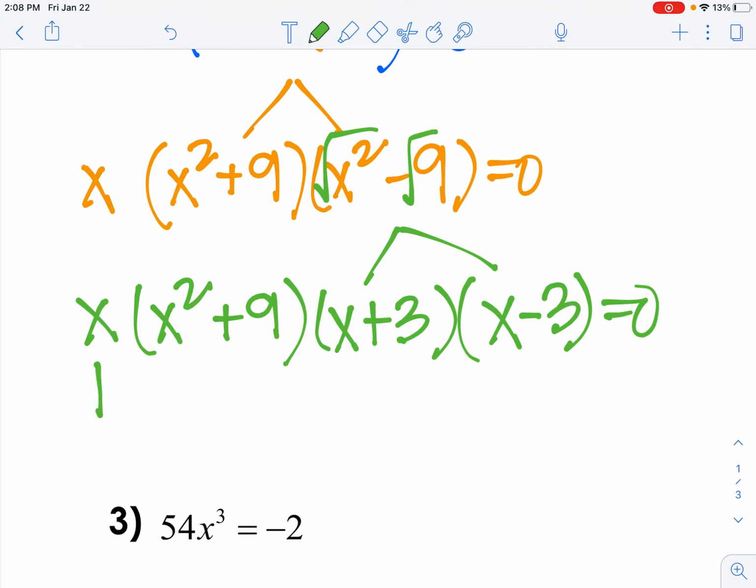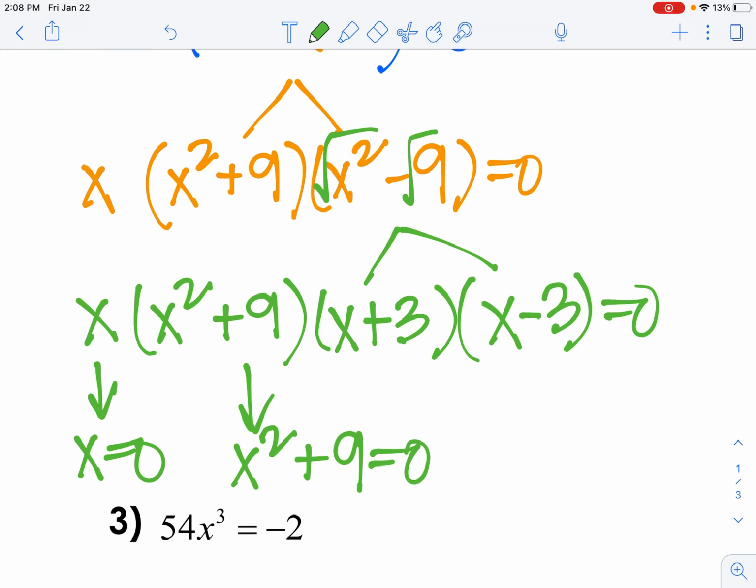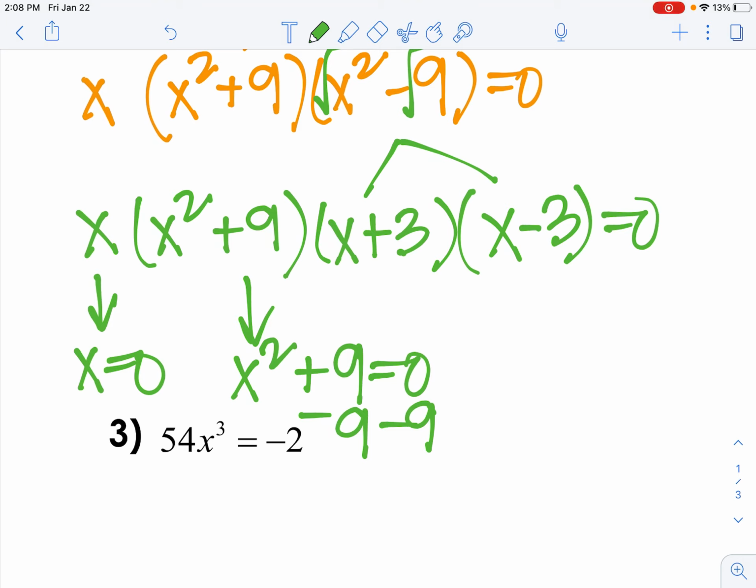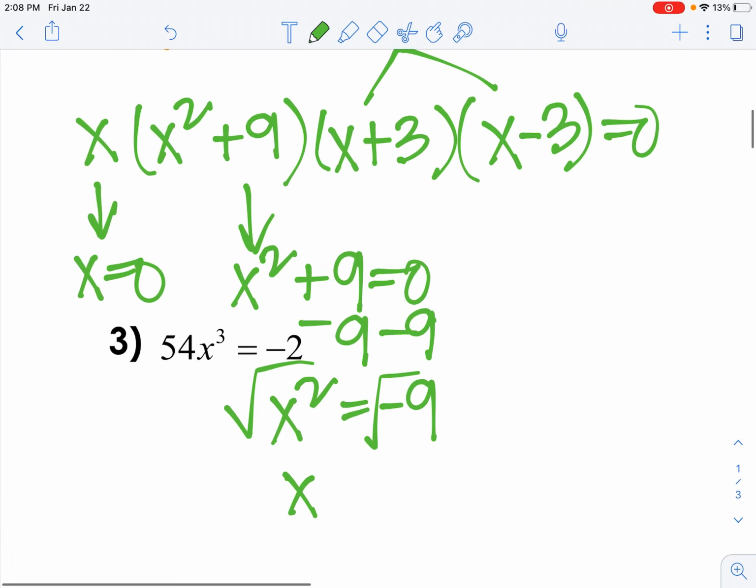And when I set these equal to 0, this guy will be x equals 0. This guy, if I say x squared plus 9 is 0, we'll subtract 9 from both sides, and we'll get x squared is negative 9. Then when we square root both sides, we'll get x equals plus or minus. Remember, the square root of a negative produces an i, and the square root of 9 is 3.